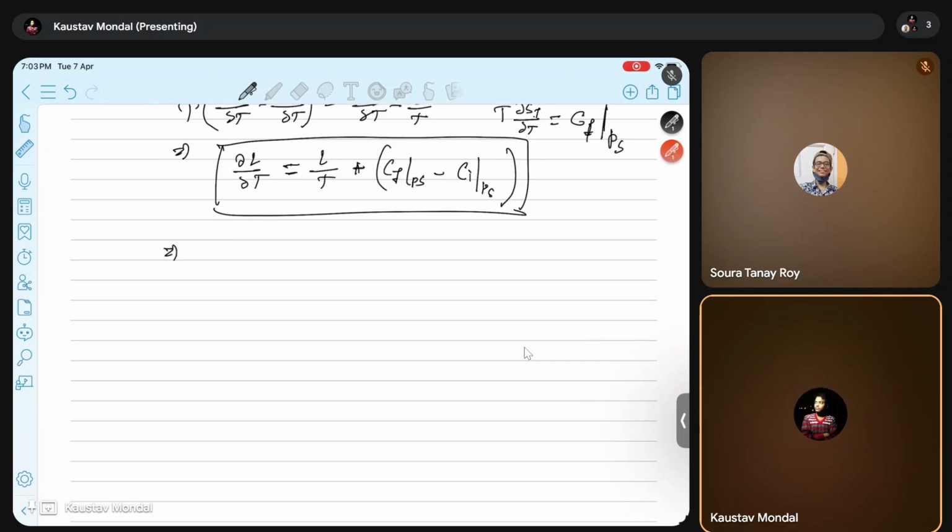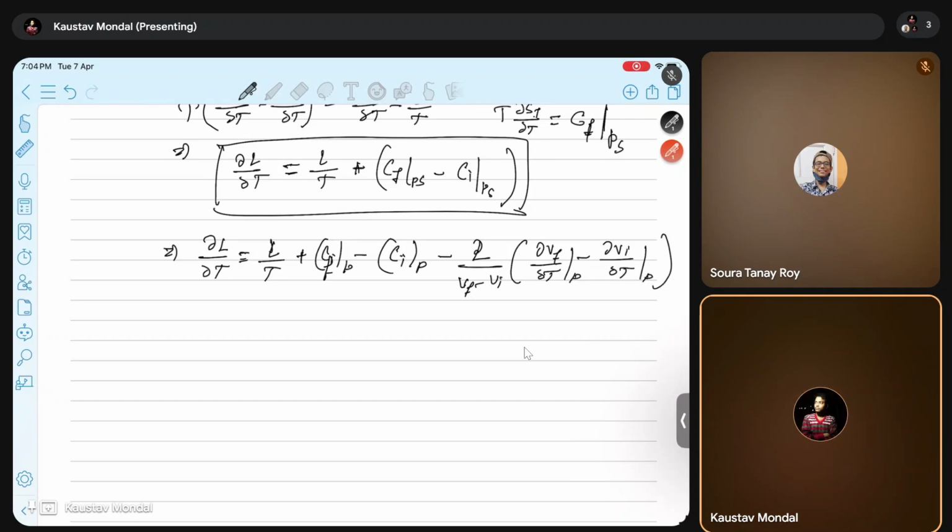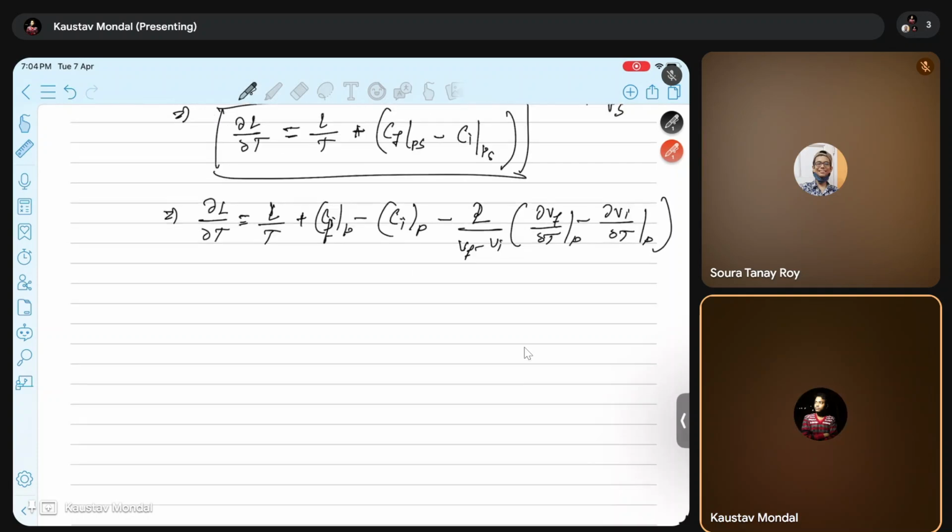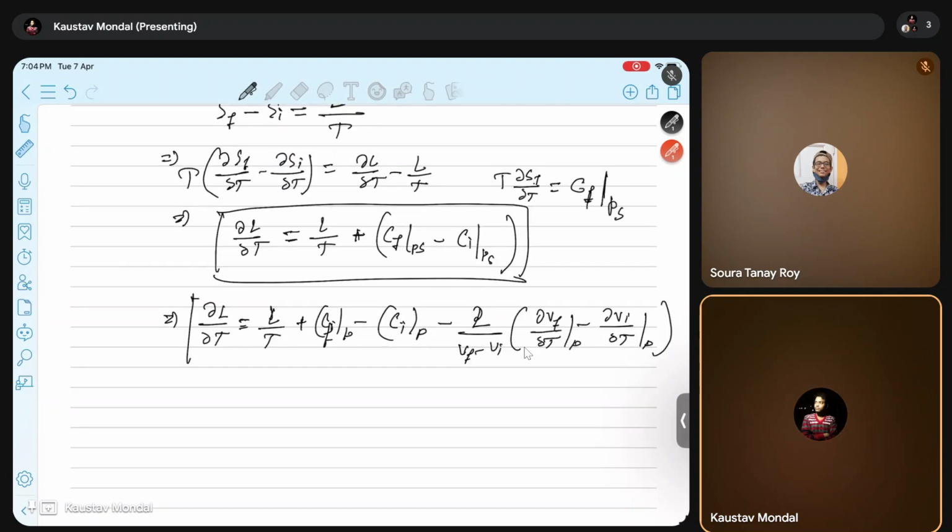It will become del L by del T equal to L by T plus CF at constant P minus CI at constant P minus L by (Vf minus Vi) times del Vf by del T at constant P minus del Vi by del T at constant P. These equations are basically known as Clausius-Clapeyron's equations.